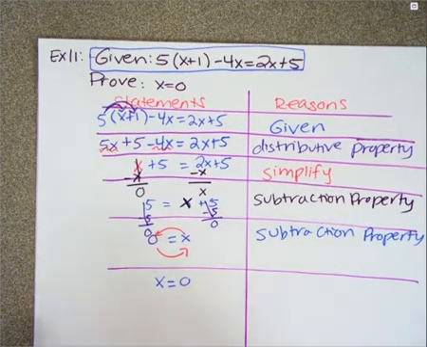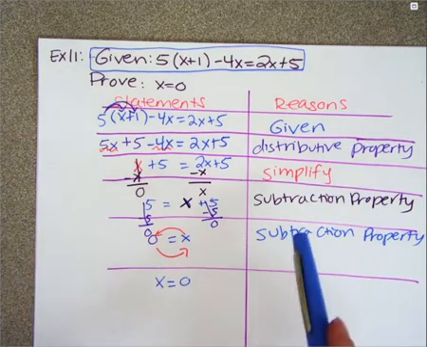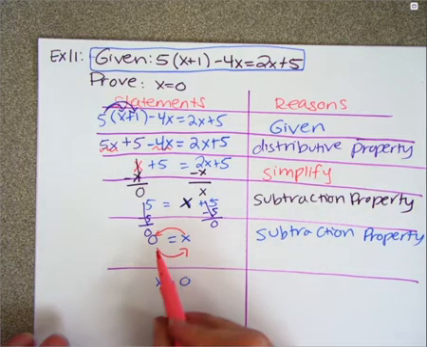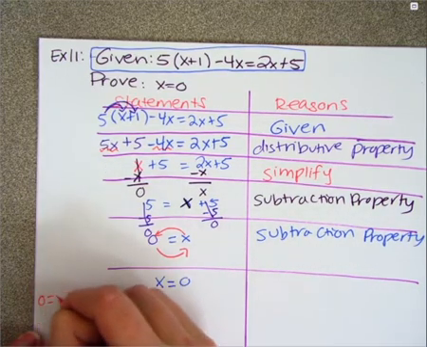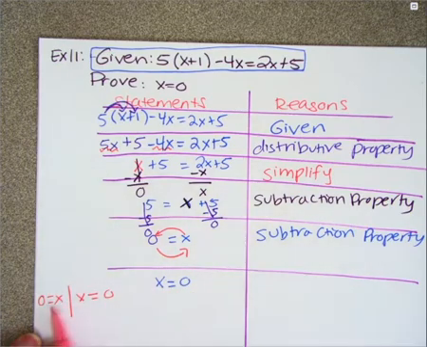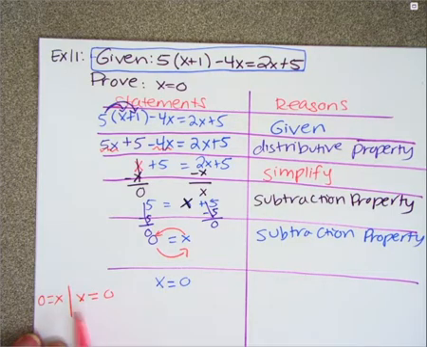Do you remember what that property is called when you flip around an equal sign or reverse it? We originally had 0 equals x, and my new answer is x equals 0. When I flip my equation around, it mirrors what I originally wrote, or has symmetry with it.